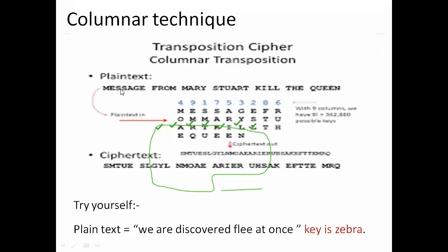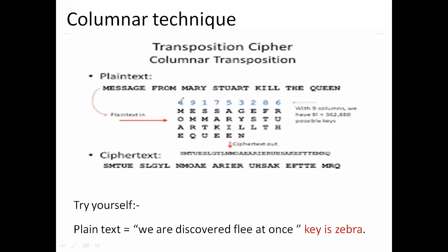This is the message from Mary Stuart: kill the queen. Here again 9 columns are there, let me wipe it all. So we have 9 columns, with the key 4 9 1 7 5 3 2 8 6.